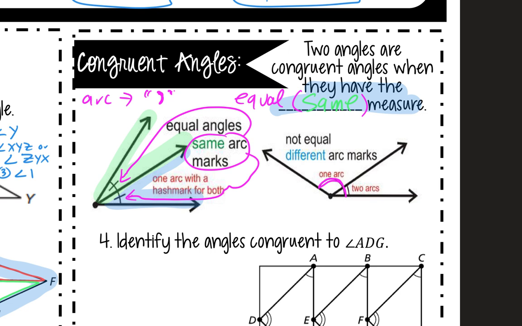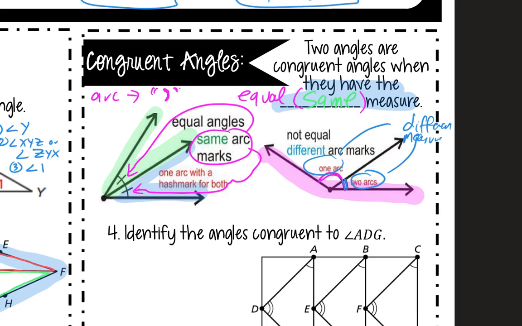That's one angle measure. But this other one right over here has two arcs, right? It has one there and one there. So the two arcs and the one arc are different measures. If they have the same mark, they're going to be equal. If they have different ones, they're different.